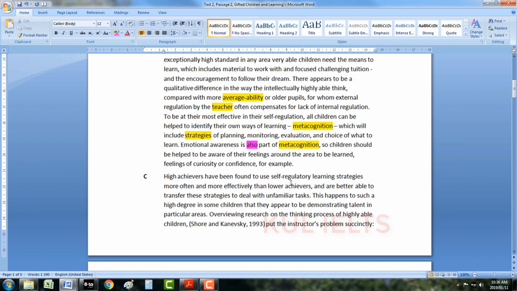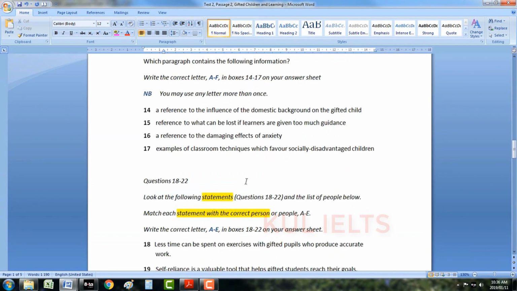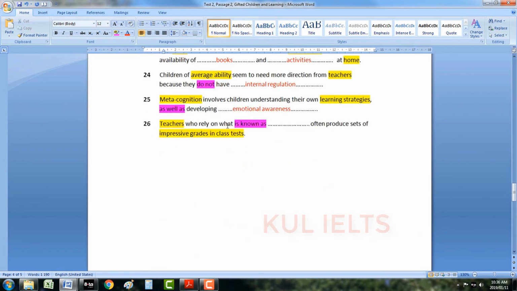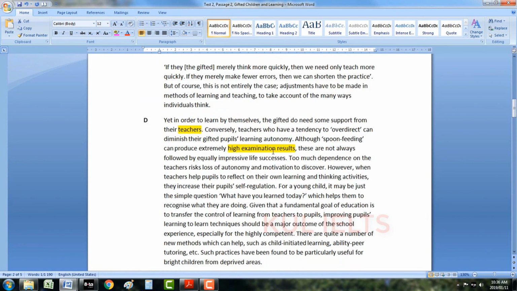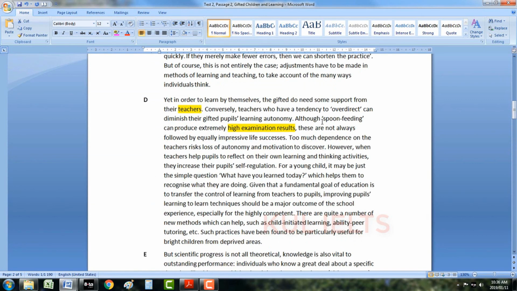And remember, when IELTS introduces a new term, like a technical term or a scientific term, they love to ask questions about that. So we're looking for another new term, because here they say something that is known as, a new term, a technical term, an unfamiliar term. And in this example, they've used the inverted commas over there.